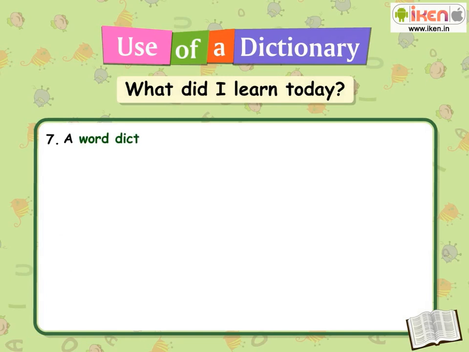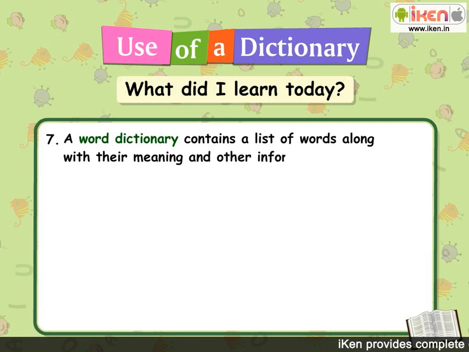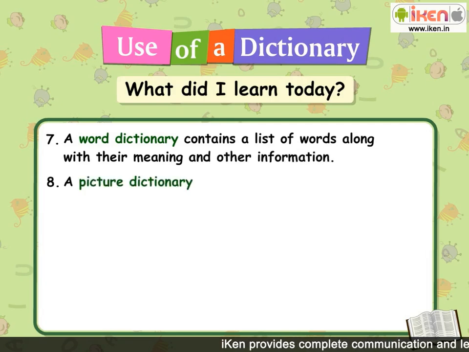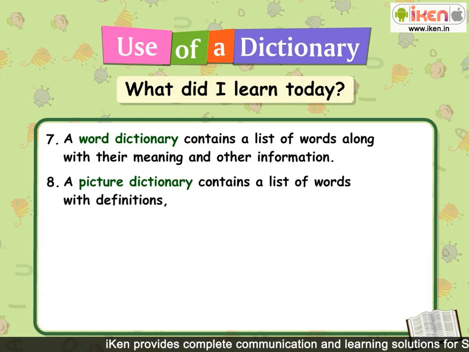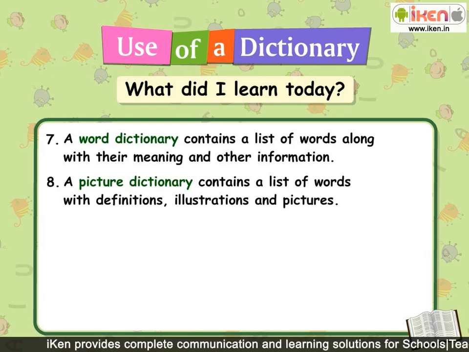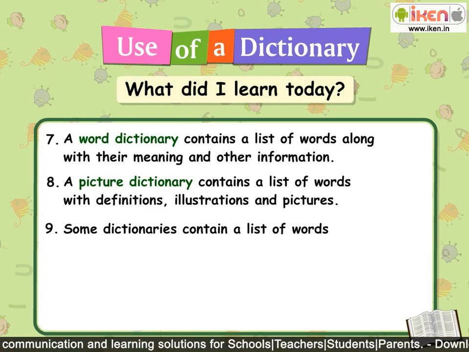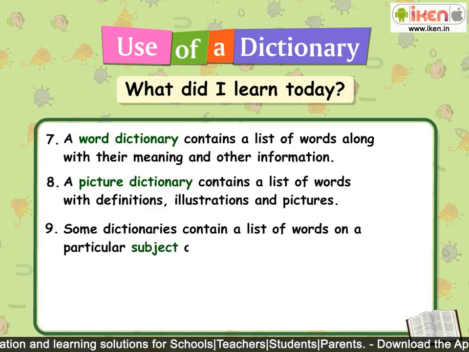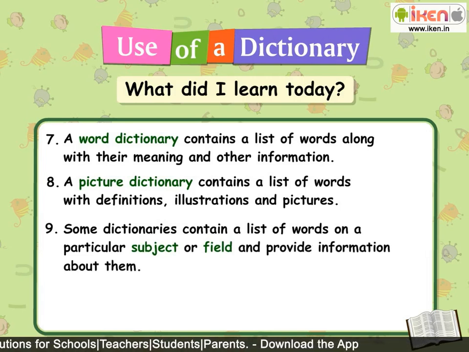A word dictionary contains a list of words along with their meaning and other information. A picture dictionary contains a list of words with definitions, illustrations, and pictures. Some dictionaries contain a list of words on a particular subject or field and provide information about them.